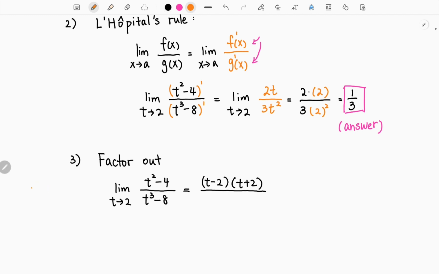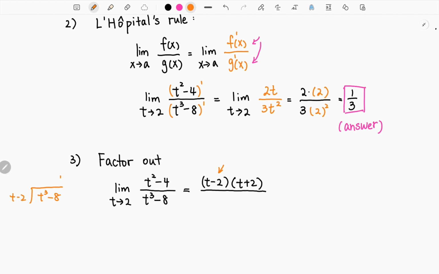Long division is kind of just you assume you know one of the factors, and you're trying to figure out another factor. So in this case, let's say we assume t minus 2 is a factor of t to the third minus 8.